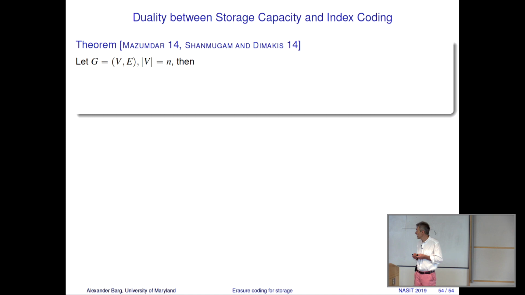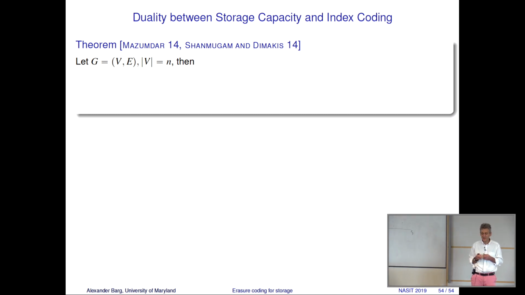There is work on duality. Even the first papers on storage capacity mention duality between storage capacity and index coding with side information. Index coding is a famous question, one of the latest trends in information theory, where you propagate information from a broadcaster to a set of nodes, each of which carries some side information about the targeted quantities.